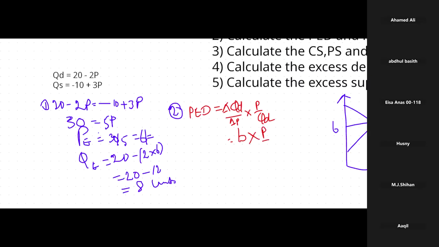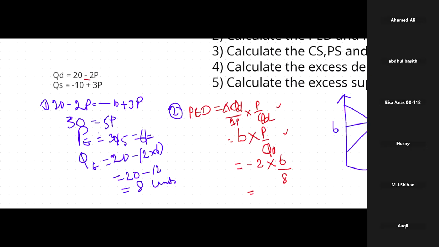You must show both: delta QD over delta P into P over QD, so B into P over QD. So what is this B? In your demand equation, it is minus 2. Minus 2 is the B.